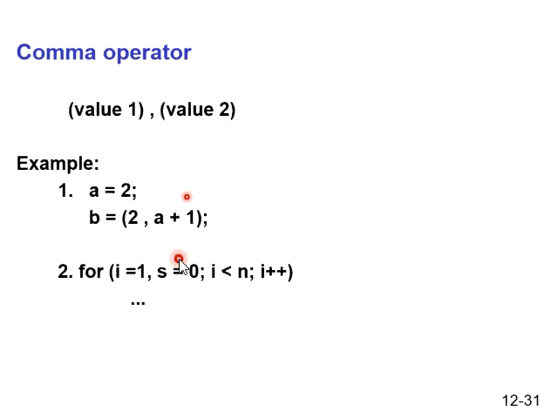For example, over here we have two values, 2 and a plus 1. At that time, a plus 1 is the value of the whole expression, so we can get it and assign it to b. Over here we have the comma operator, the comma expression.